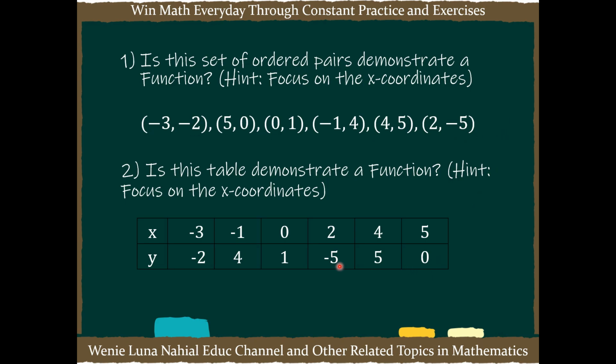Same also in the second illustration. For the x values, we can see that no x value repeated here. By that, we can say that this second illustration is also a function.